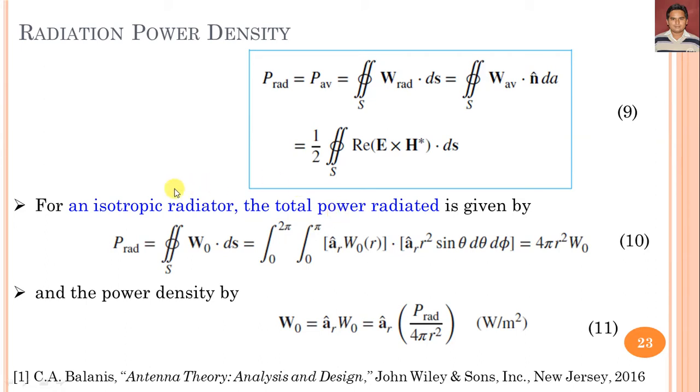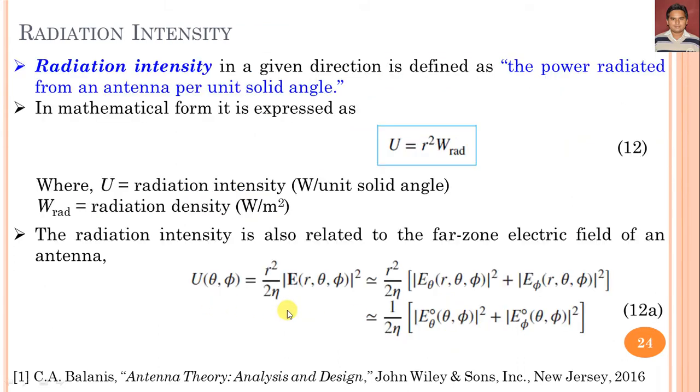So the unit vector along a_r has the value W naught, and through it we can calculate the radiated power, which is 4 pi r square W naught, and the power density W equals a_r W naught, which is equal to P radiated upon 4 pi r square. So this is another important expression that can be used in the case of an isotropic antenna or radiator when we are calculating the power density.